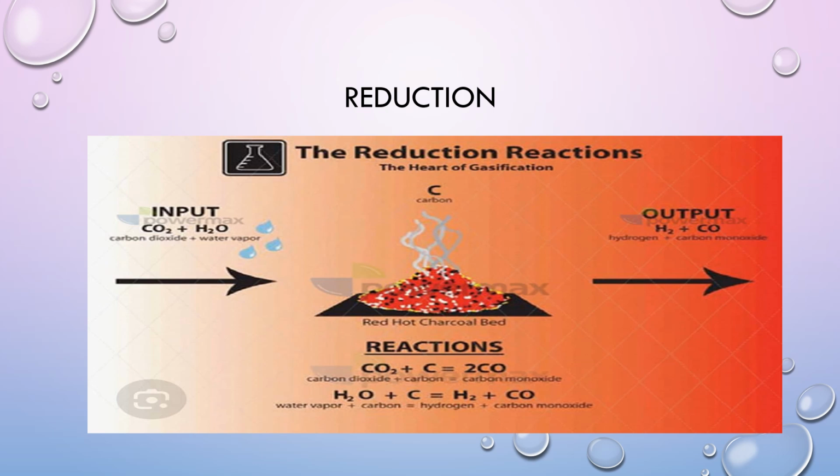Now realize that after going through the red hot charcoal bed, which is a reduction system, its output was H2 gas and then CO. For both of the outputs, one atom of oxygen had been removed from the input gases, just as one atom of oxygen was removed from carbon dioxide to form carbon monoxide, and one oxygen atom was removed from water vapor to form H2 gas.